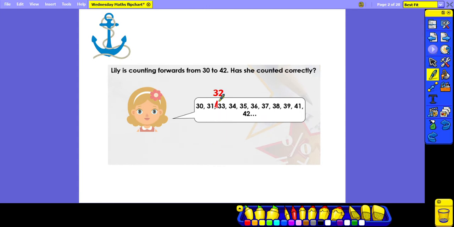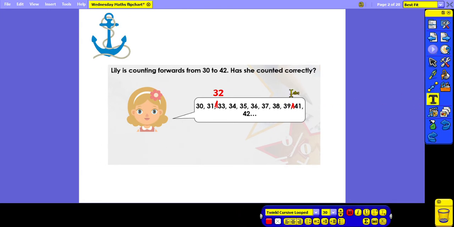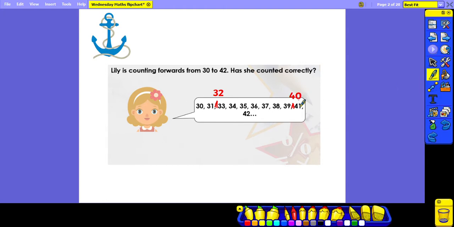So 32, 33, 34, 35, 36, 37, 38, 39, 40. That's another missing number. Let's carry on. 41, 42. Okay, so she made two mistakes there. She's missed out 32 and 40 when she was counting.